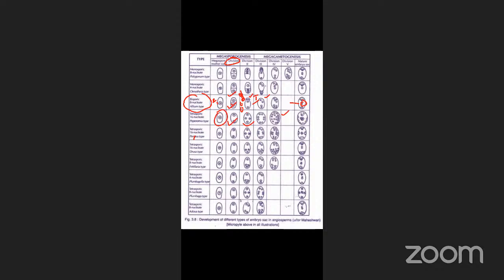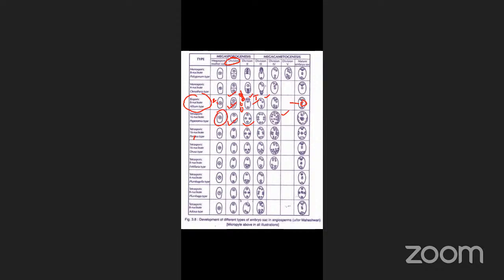As a result, in the egg apparatus, one synergid and one egg cell are present, but no further synergid cell. And if we take the center cell, the secondary nucleus, how many nuclei are present? As the two migrate toward the center, four into two, eight are present inside the secondary nucleus. The rest are all considered antipodals. How many?